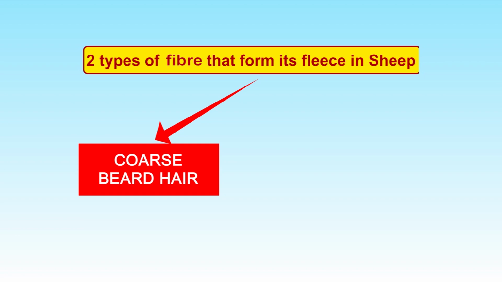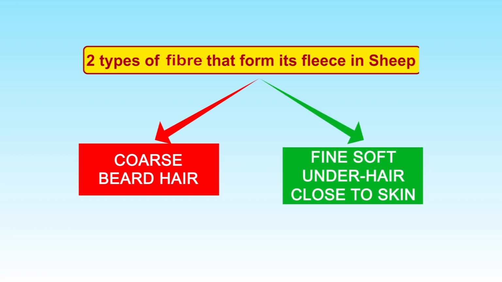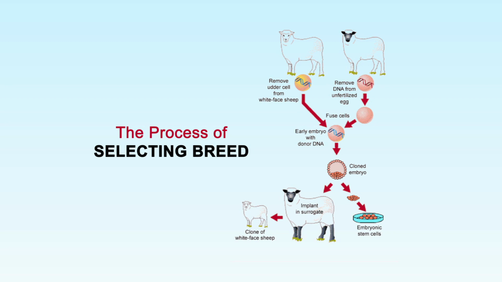Second, fine, soft underhair close to skin. Some breeds of sheep possess only fine, soft underhair.